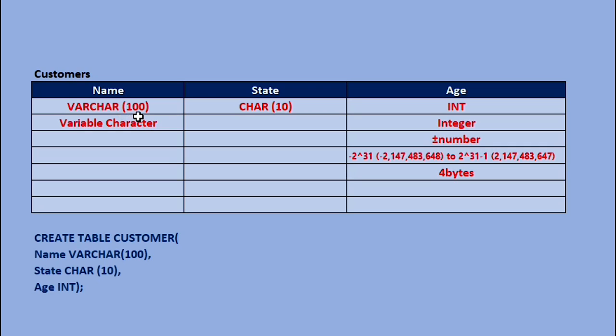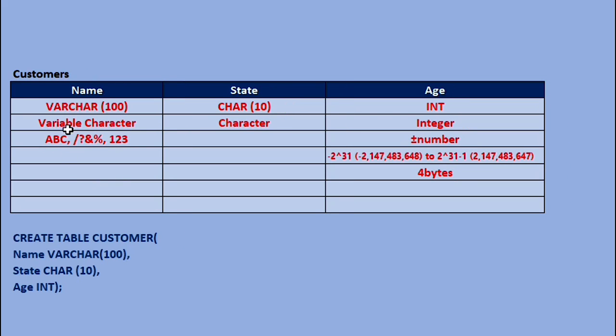Int data type didn't need to have a character limit specified for it. Char is the short form of character. So varchar is variable character and char is character. And our character limit is 10 here for char data type.